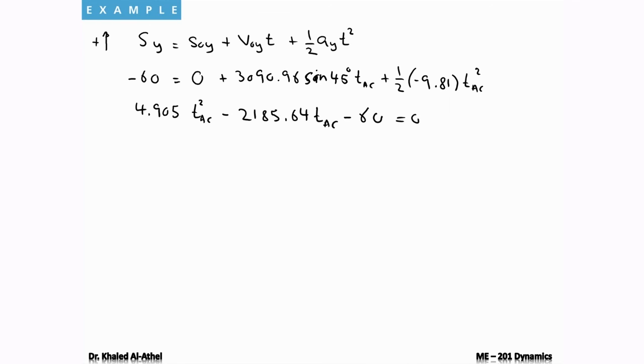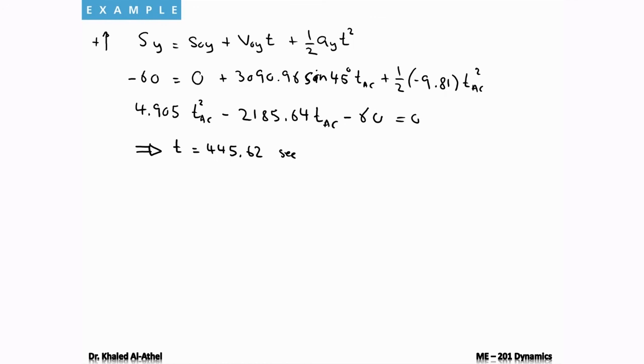This is a quadratic equation. You can solve this to find the value for the time. It will give you two values, a positive and negative. Obviously, you take the positive value. So this will give me that T should equal 445.62 seconds.